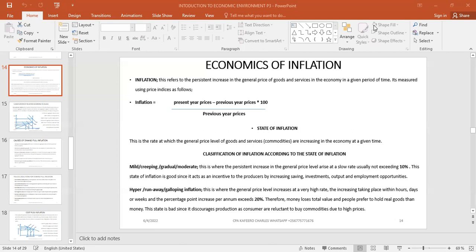Inflation refers to the persistent increase in the general price level of goods and services in the economy in a given period of time. When you're defining inflation, you make sure you put the word persistent increase or continuous increase.